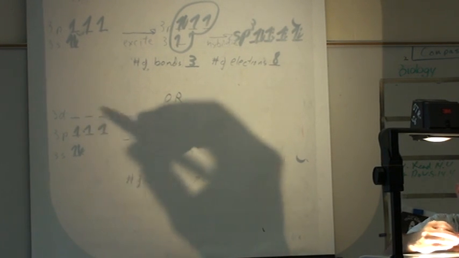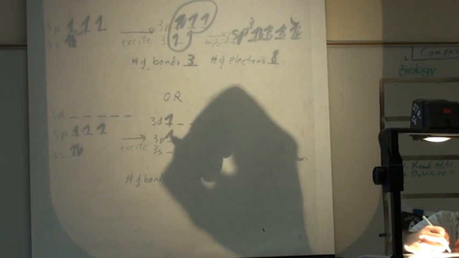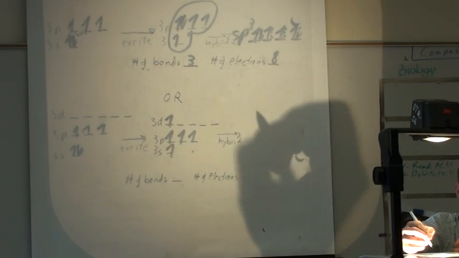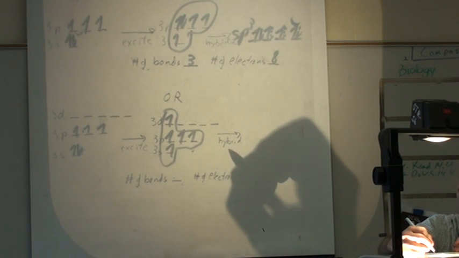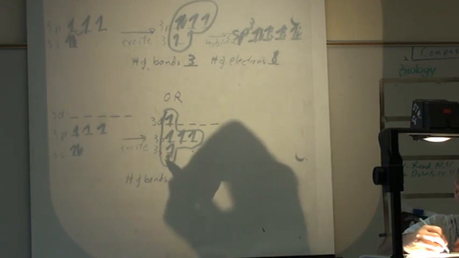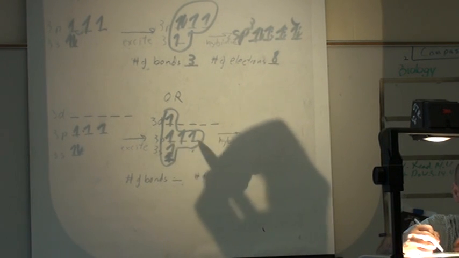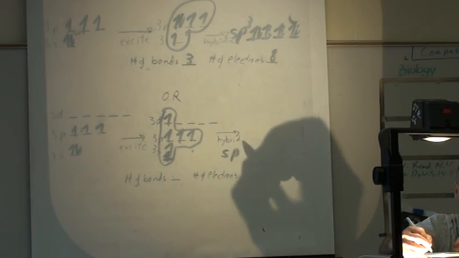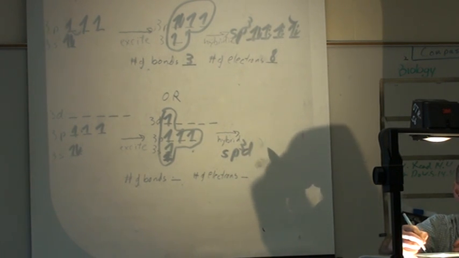But because phosphorus is in the 3rd energy level, Zane, I could kick that electron up to the D. And what type of hybridization would I get, Zane? How many s orbitals did I circle? 1. How many p's did I circle? 3. How many d's? 1. So it's gonna be sp3d hybridization.